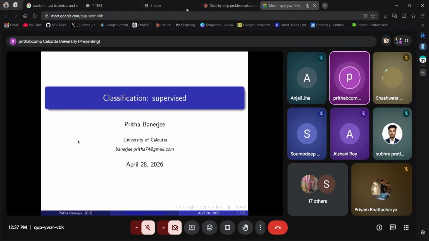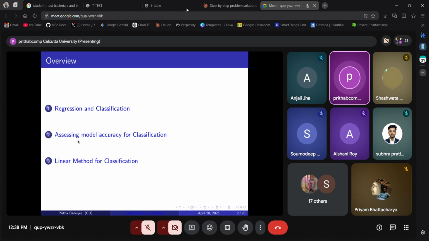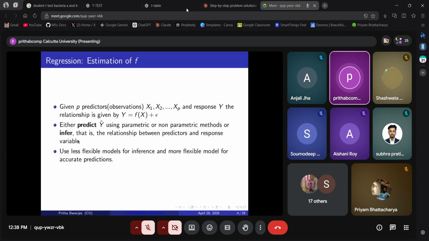But there, these y values are generally real values. So the question came up whether we can apply regression here. First, we will just see regression and classification, how they relate or how they don't relate.